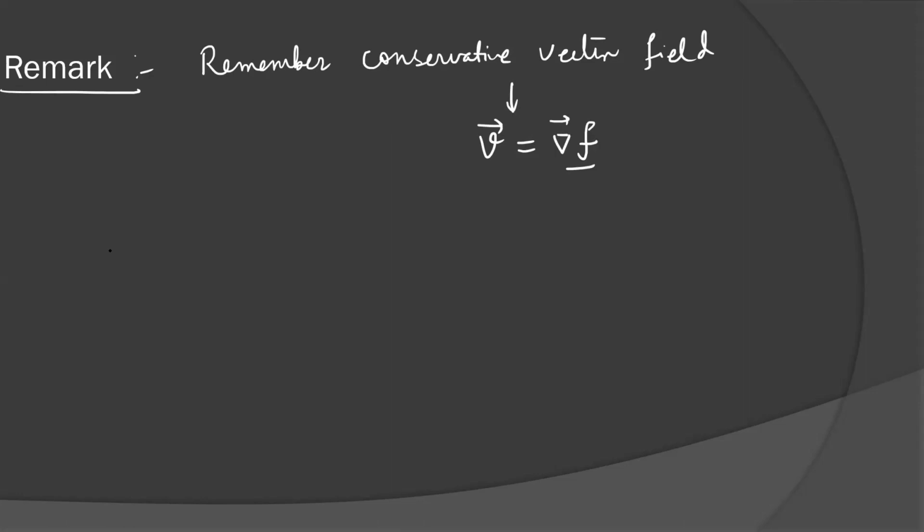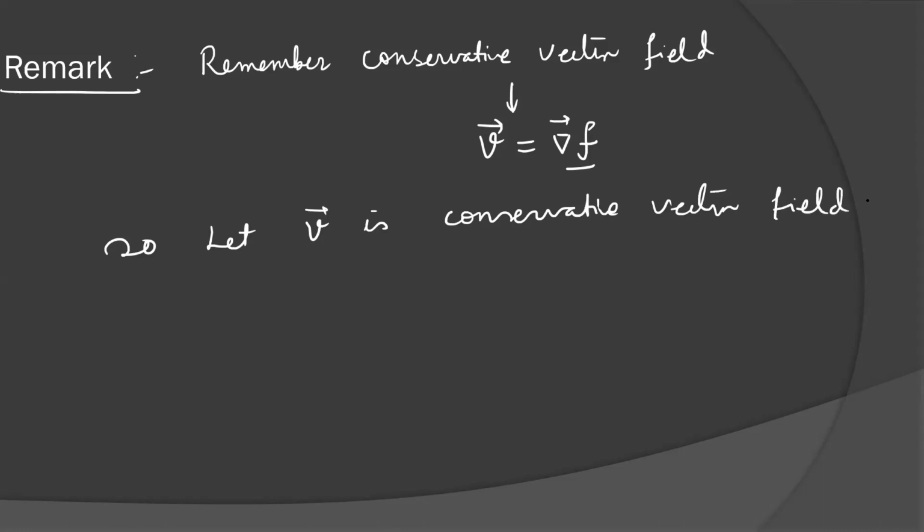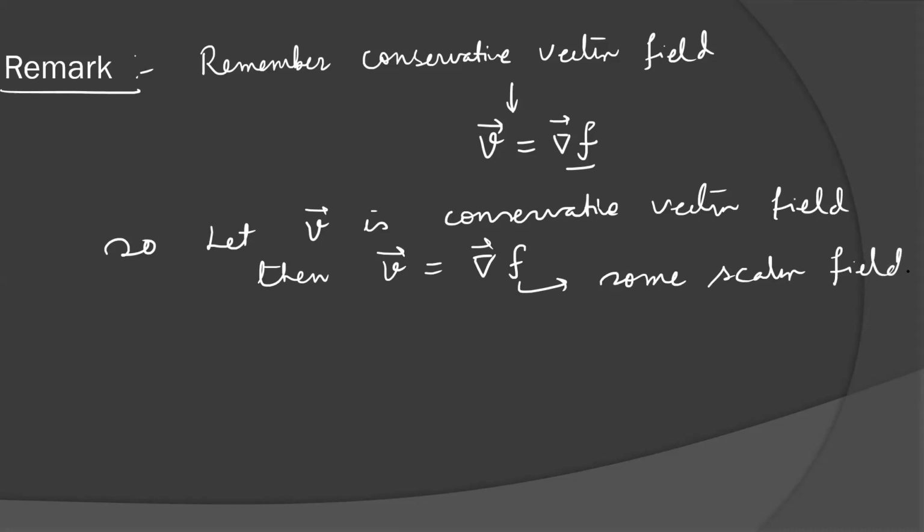So let V be a conservative vector field, then V will be equal to grad of some scalar field f.